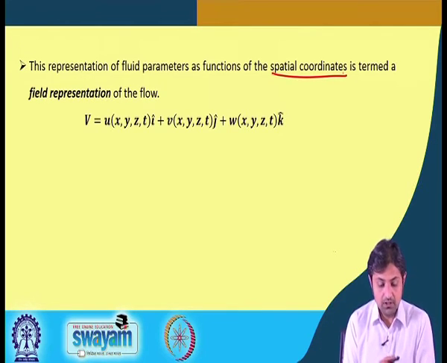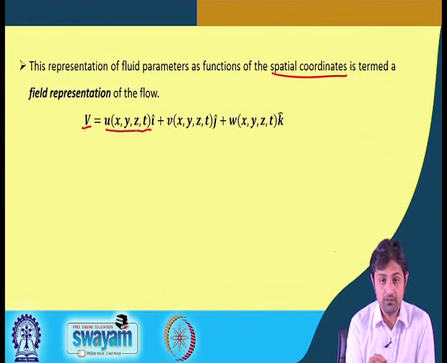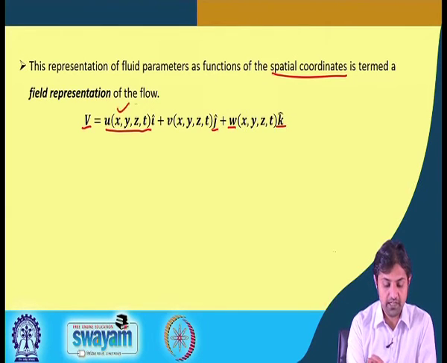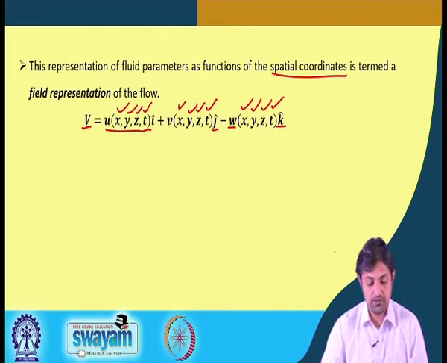For example, the velocity here can be written as u, the fluid velocity or the fluid speed in i direction, i is x axis, plus v in j direction, j is y axis, and w in k direction, and each of u, v and w can be function of x, y, z and t.